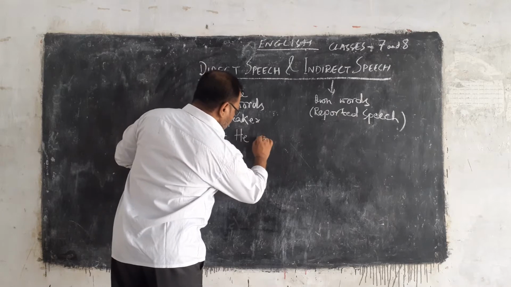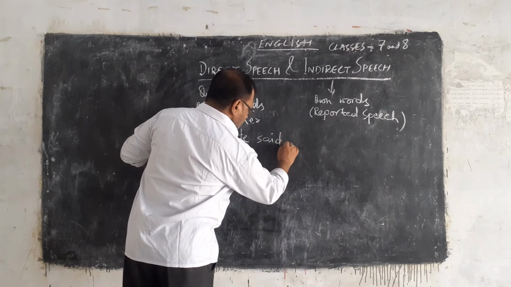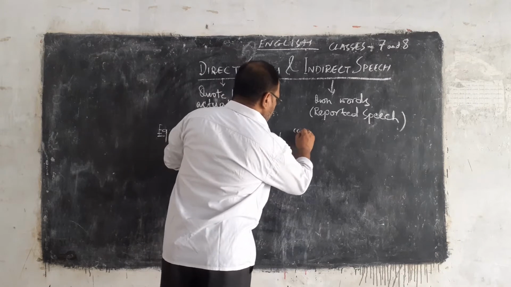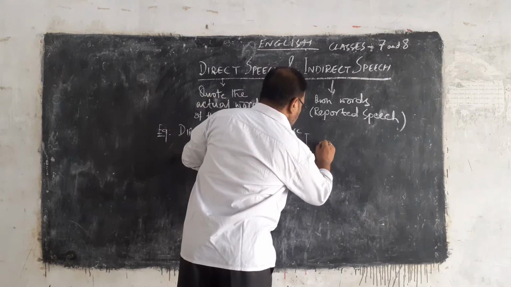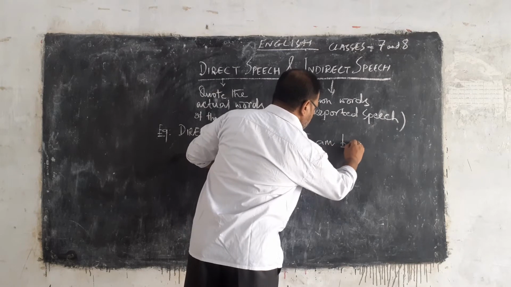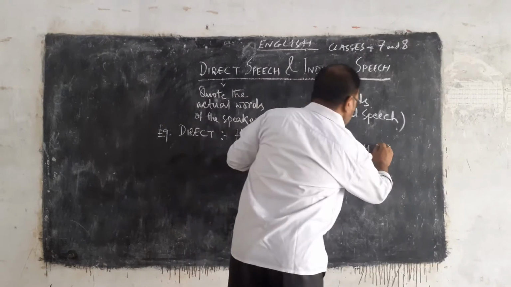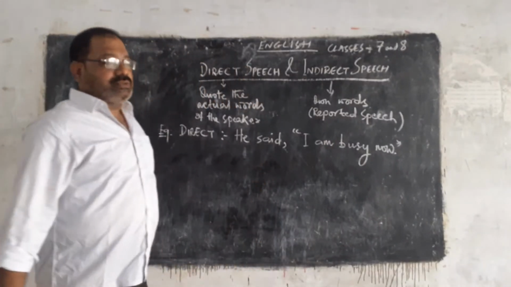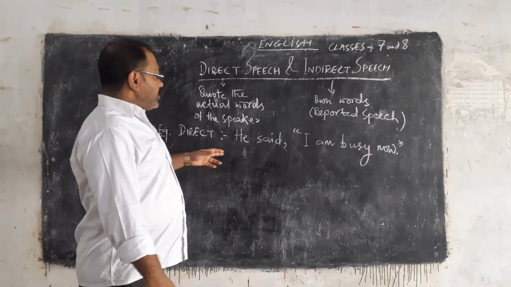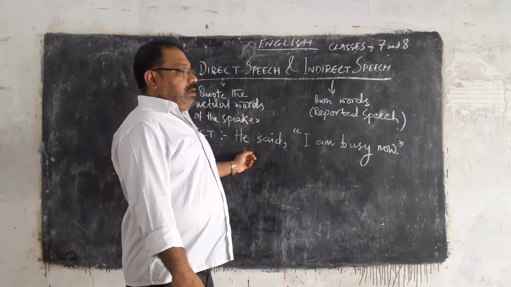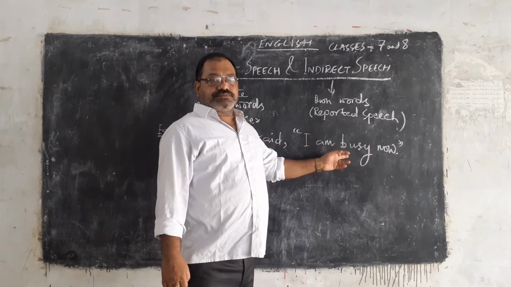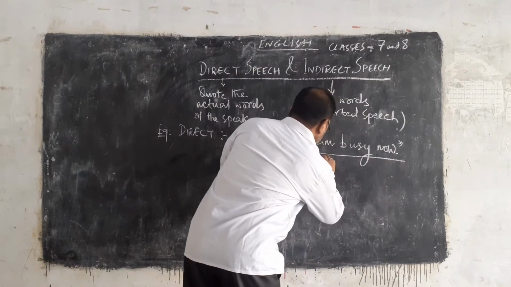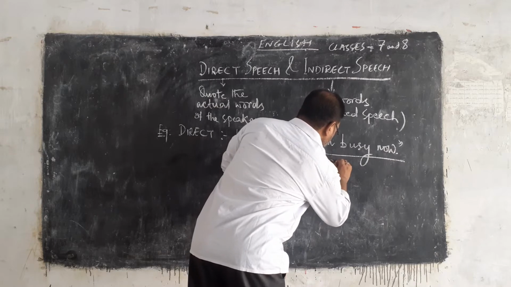He said, comma, within inverted commas, I am busy now. Full stop, inverted commas close. He said, I am busy now. This is the reported speech. We call it reported speech.